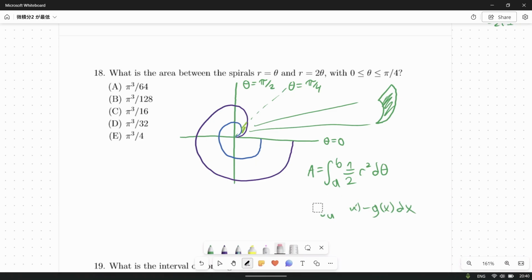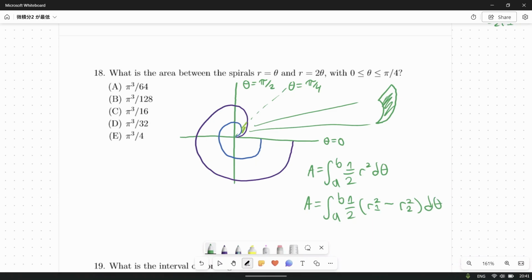Translating that to polar coordinates, it takes the form of a formula that looks like this, where the area is equal to the integral from a to b of 1/2 times our first function, I'll call it r sub 1 of theta, r sub 1 squared minus r sub 2 squared with respect to theta, where r sub 1 is the bigger function and r sub 2 is the smaller function, and you take the difference between those two. That's how you end up with the area between two curves on a polar coordinate system.